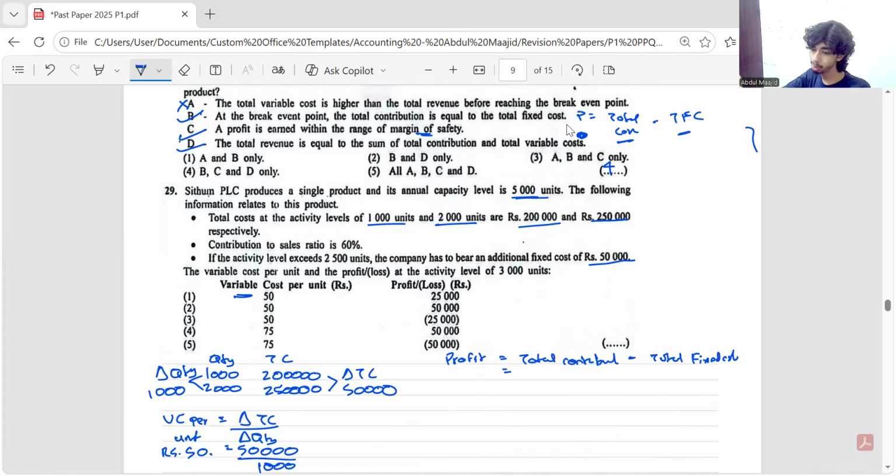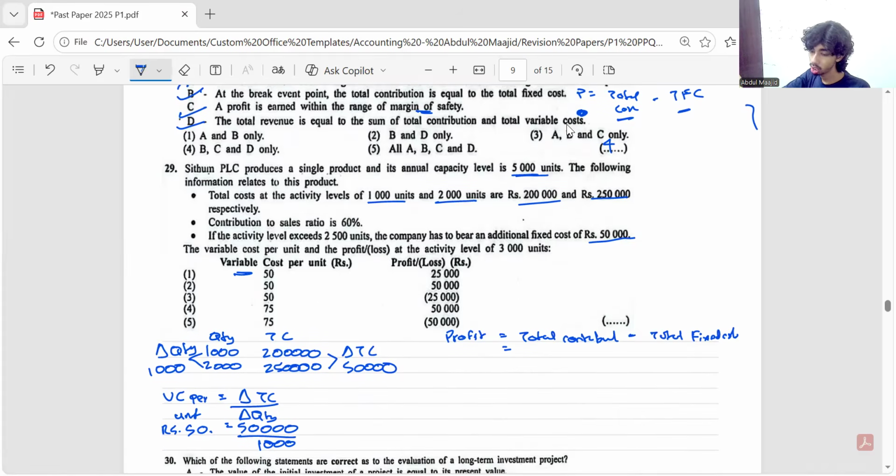How much is your selling price now? Selling price minus variable cost will give you your total contribution.